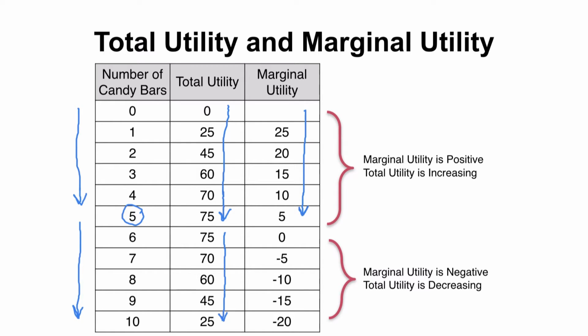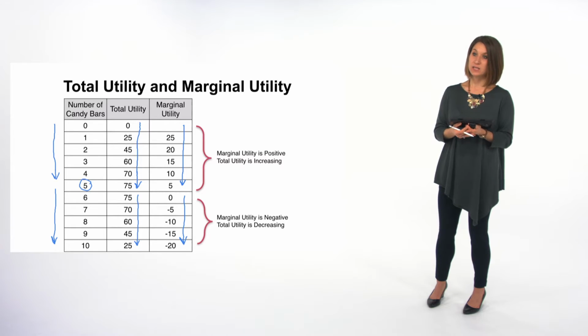So we continue to gain satisfaction up until the 5th candy bar. And after that, as our total utility starts to fall, marginal utility becomes negative. So we end up actually losing satisfaction from each additional candy bar beyond the 5th candy bar that we eat.